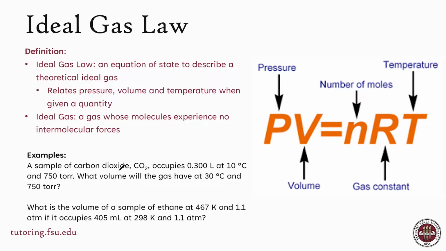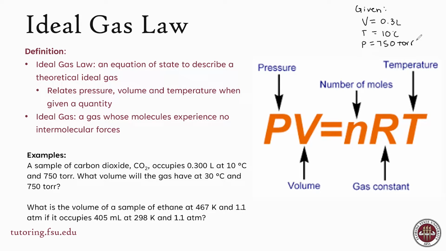So it says a sample of CO2 occupies 0.3 liters. So given is volume, V, equal to 0.3 liters at a temperature of 10 degrees Celsius. So we have 10 degrees C. And our pressure is 750 torr.